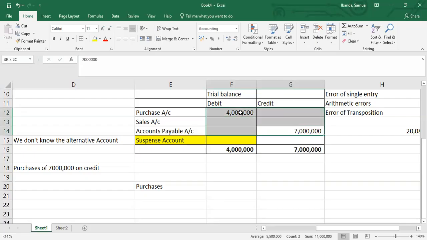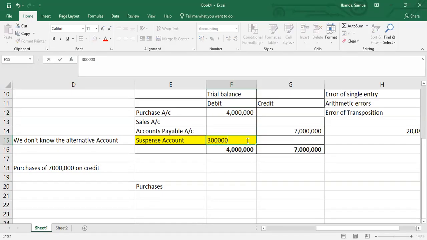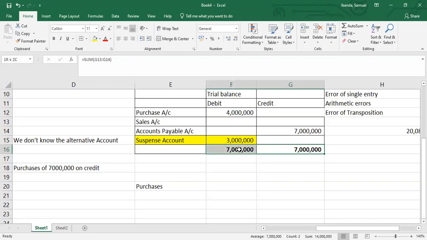So definitely your balance here will be 4 million, and here your balance will be 7 million. It means you have to introduce a suspense account to make sure this side matches up with this side. So you introduce a suspense account of 3 million, which was the undercast value. Now your trial balance has balanced.